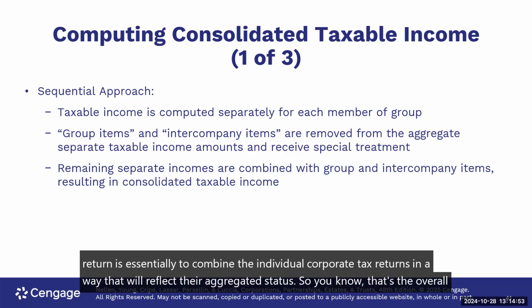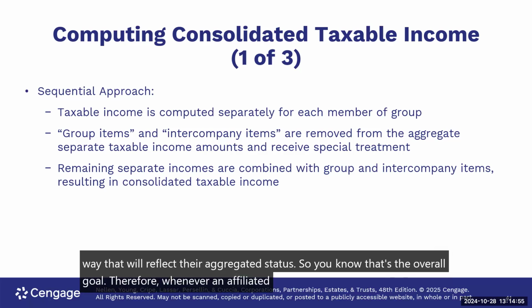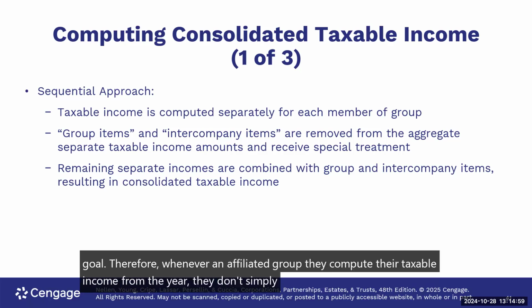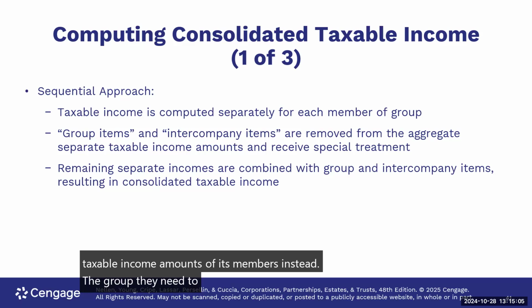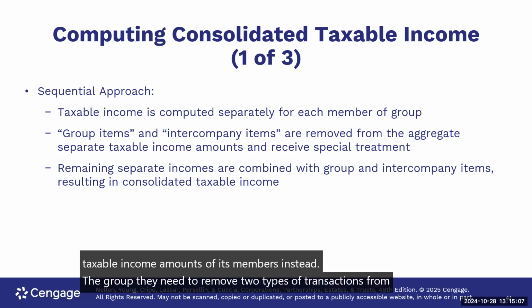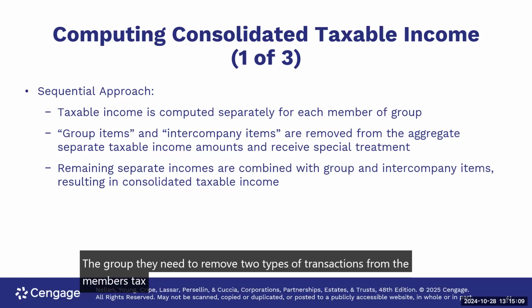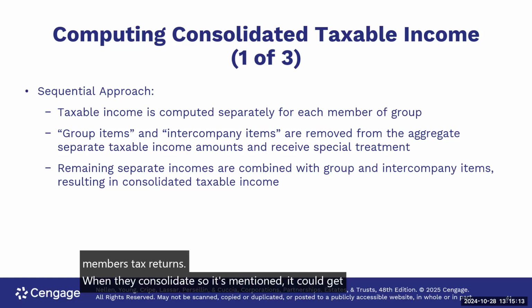Therefore, whenever an affiliated group computes its taxable income for a year, it doesn't simply add together the separate taxable income amounts of its members. Instead, the group needs to remove two types of transactions from the members' tax returns when they consolidate. So as mentioned, it can get a little more complex, right?